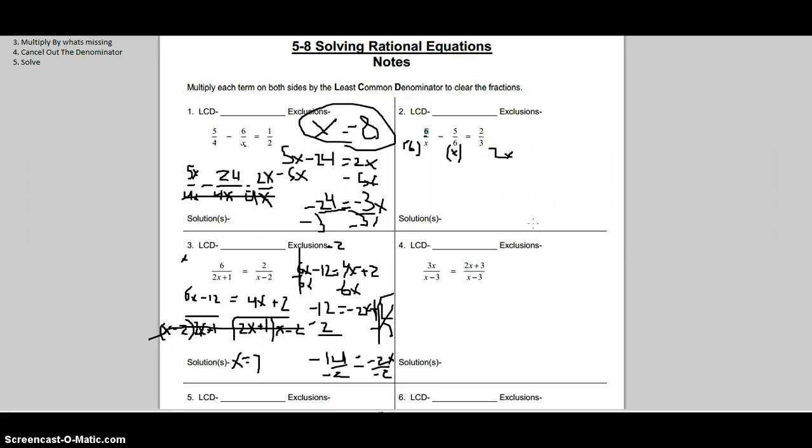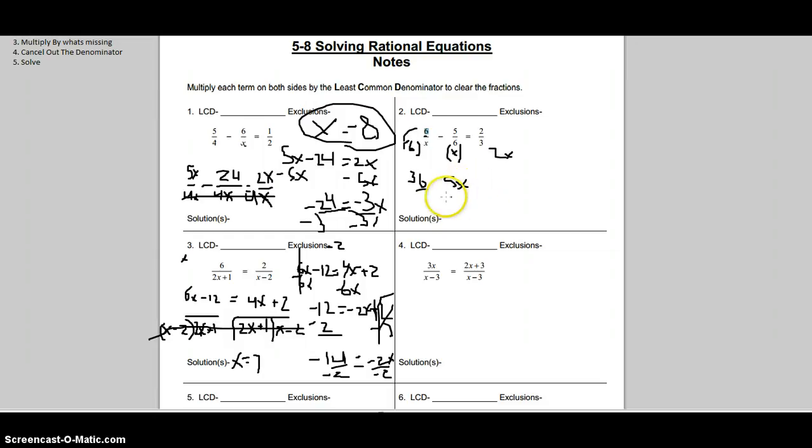So step 3, you want to multiply by what's missing. Whatever you do to the bottom, you do to the top. So we multiplied 6 by x. So 6 times 6 would be 36 on top. In the second fraction, we multiplied 6 by just x, so we want to do just 5x.